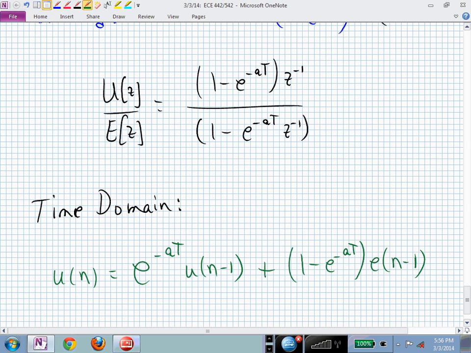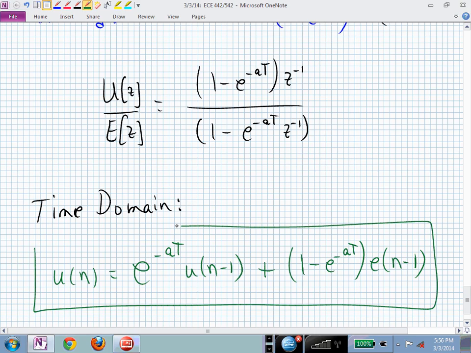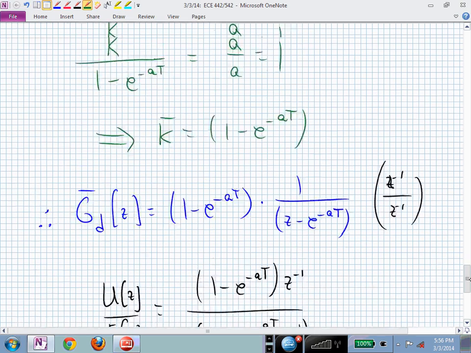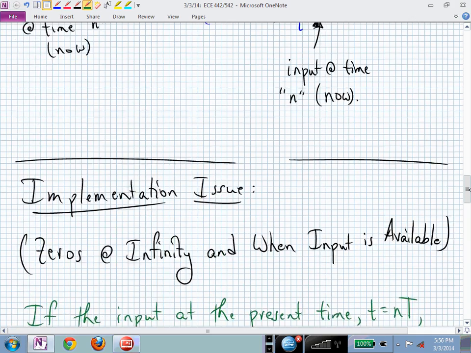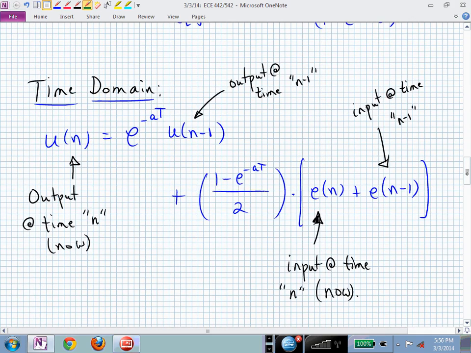Is that clear? So you want to compare this time domain expression with this new implementation constraint with this implementation. In this one, our gain has been changed, and that sort of makes sense. Here we had two inputs, and if they were equal, they would get canceled by that 2, and they would get scaled by the same scaling amount.